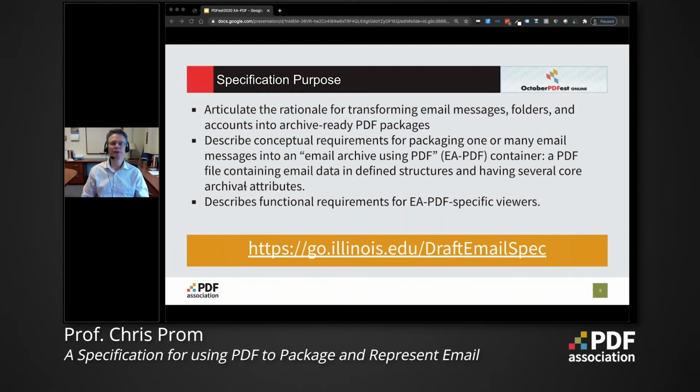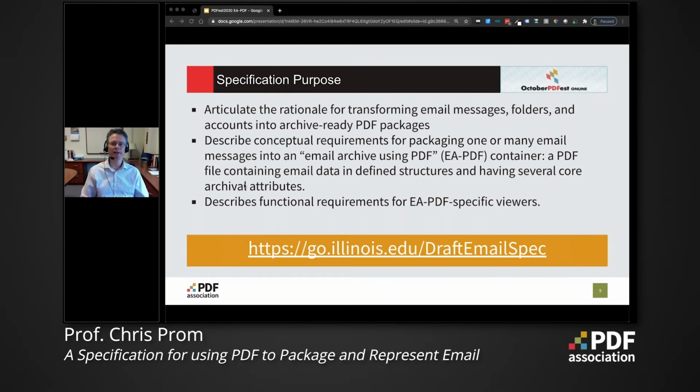Really leveraging the built-in functionality of the PDF format as a container format with its ability to handle and use structured data from one message or from many messages in a hierarchical fashion, and really preserving those archival attributes that we're most interested in. And then a third purpose here is to describe the functional requirements for a potential eAPDF specific viewer.